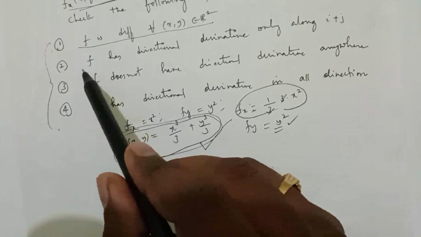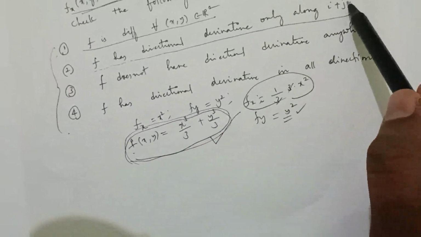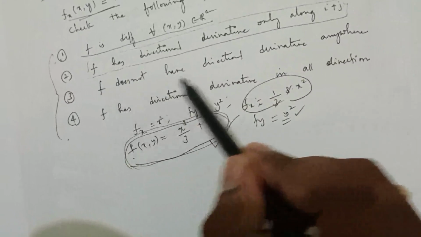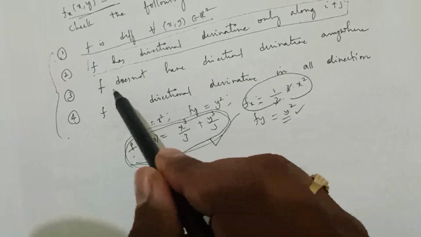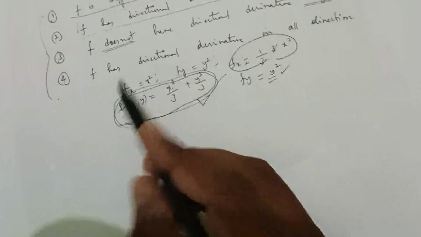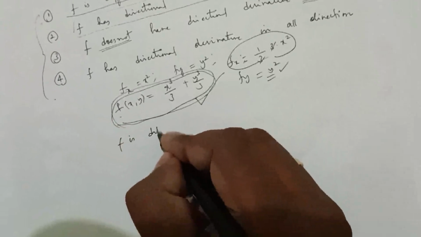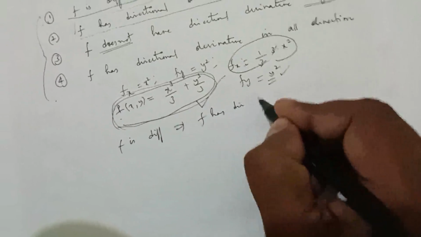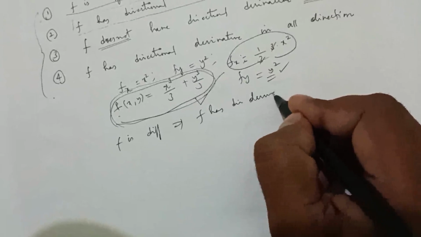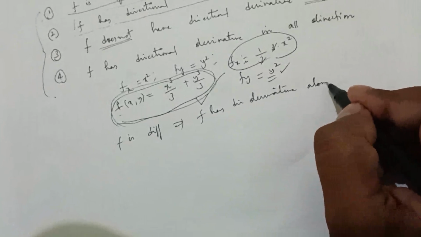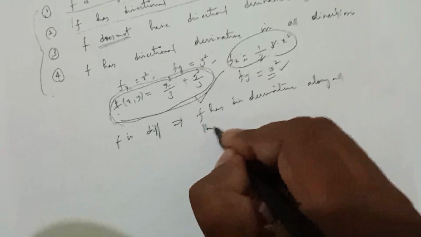Then f has directional derivative only along i plus j. We need to check this. And f does not have directional derivative anywhere. See here, if f is differentiable, then this implies f has directional derivative along all the directions.